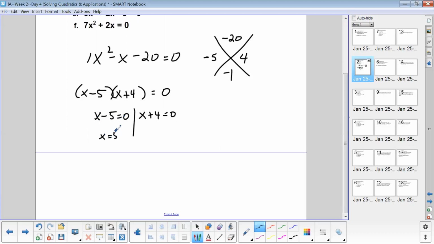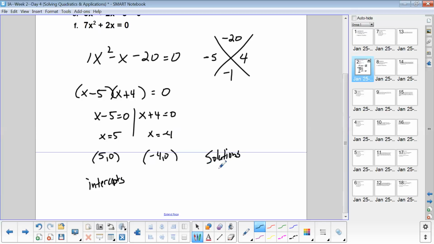Just add 5. What you get as a result are x-intercepts. When I subtract the 4, I get negative 4. So negative 4, 0 and 5, 0.